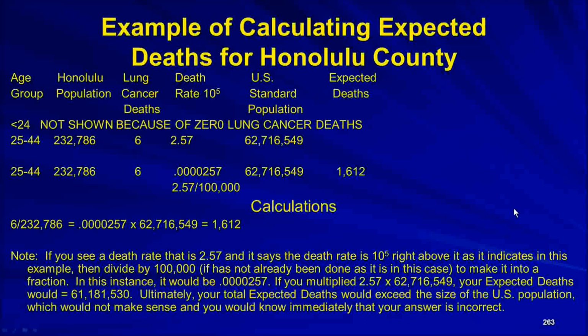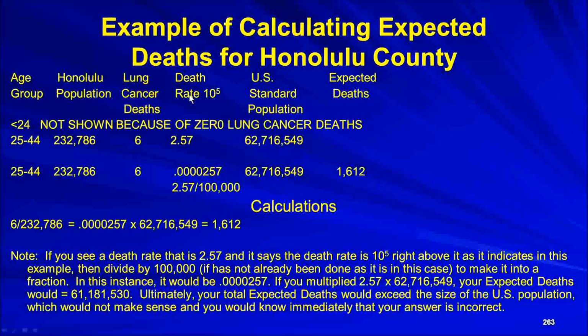If you look at our example here, notice this is death rates per 10 to the 5 power. If you had something like that, and it would come out 2.57, you're going to do the same division, and then you're going to multiply that amount by this.